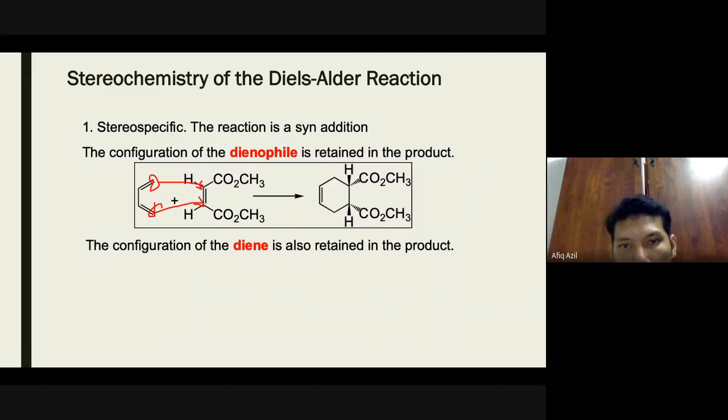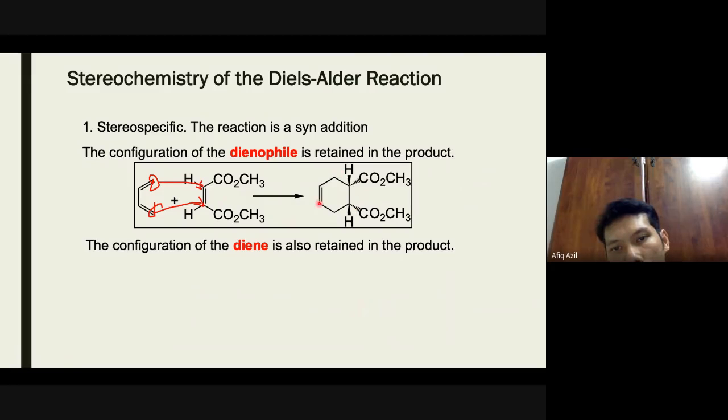So once it forms a bond like this, whatever substituents will be at the same side. If these two hydrogens, we start from hydrogen, are on the left side, then they should be on the same side.